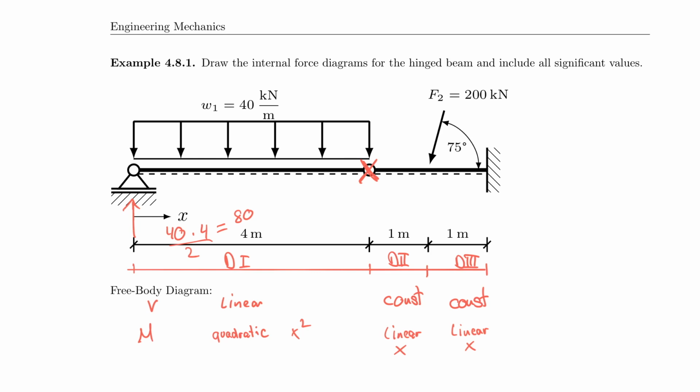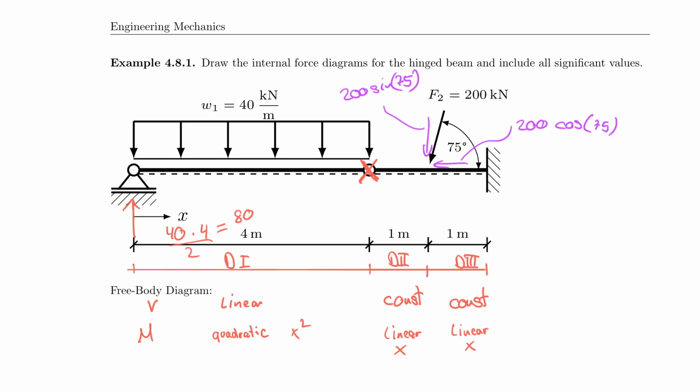Now that I know that my support reaction there is 80, one other thing I should do quickly is calculate the x and y components of this force because it will make my life easier. So let's do that. That is nothing else than 200 times cosine 75, and this here would be 200 times sine 75.